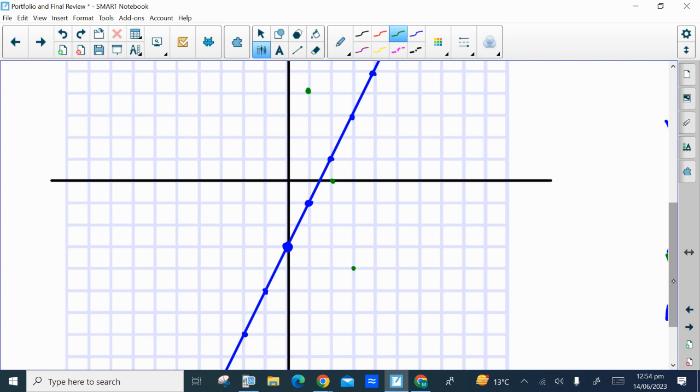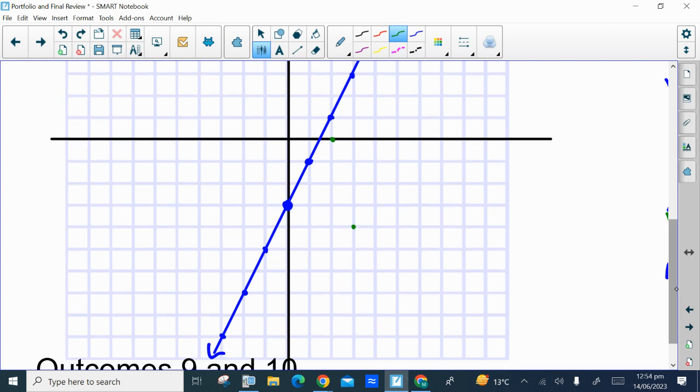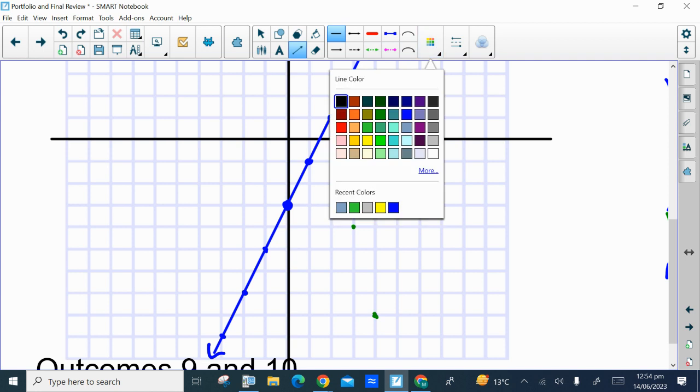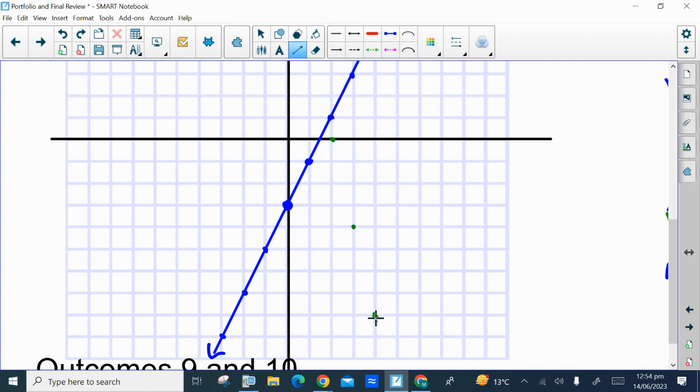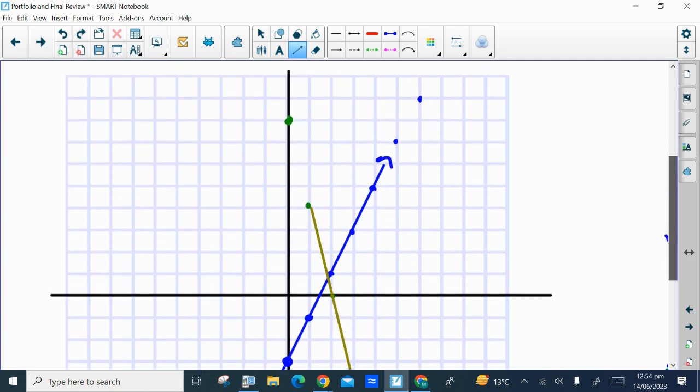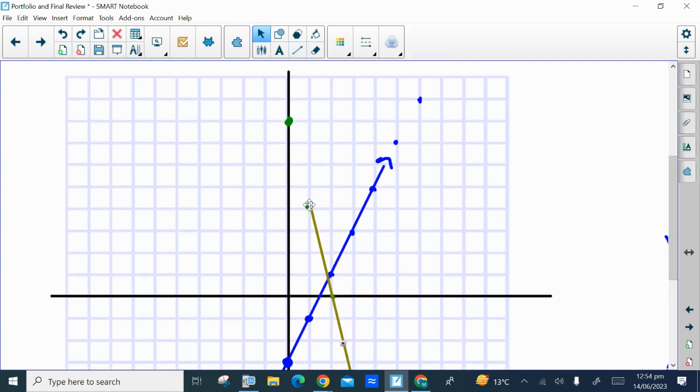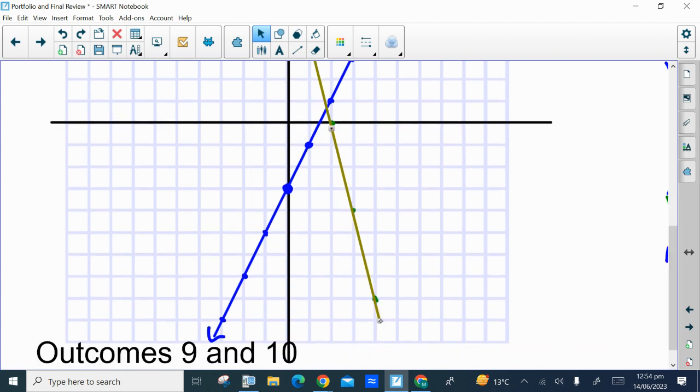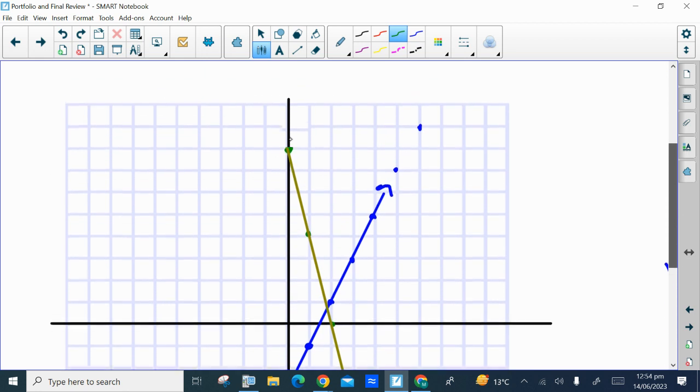And we got room to do that a few more times. Okay, and put arrows on the end.